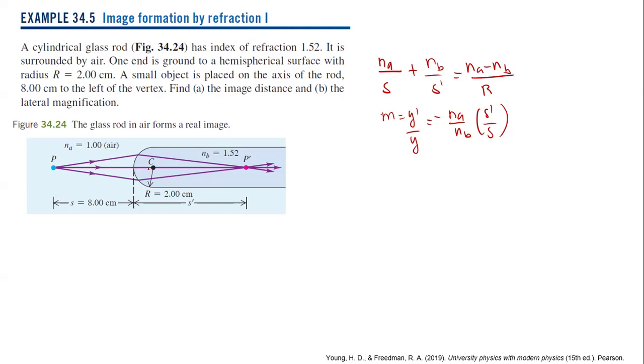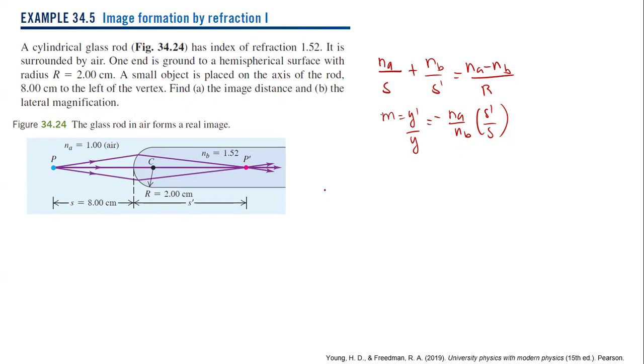So r here is positive and the object s is positive also. A small object is placed on the axis of the rod, 8.00 centimeters to the left of the vertex. Find the image distance and the lateral magnification.